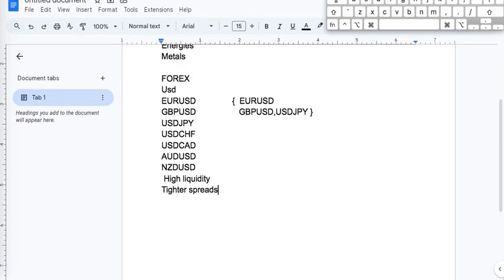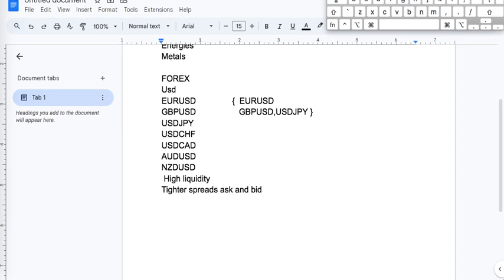A spread is the small difference between the buying price, which is the ask, and the selling price, which is the bid, of a currency pair, meaning the cost to execute a trade is minimal, which is beneficial for traders, as it allows us to capture more profits with less expense.